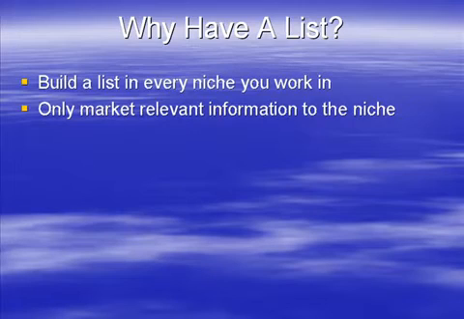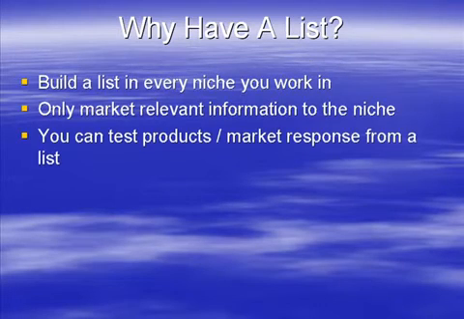So I've got to make sure I market relevant information. I don't want to be sending my quit smoking people offers saying, hey, look, I've got this great new product that will teach you how to make your dog do tricks, because most of them are going to turn around and go, huh? So you've got to make sure you only market relevant information.